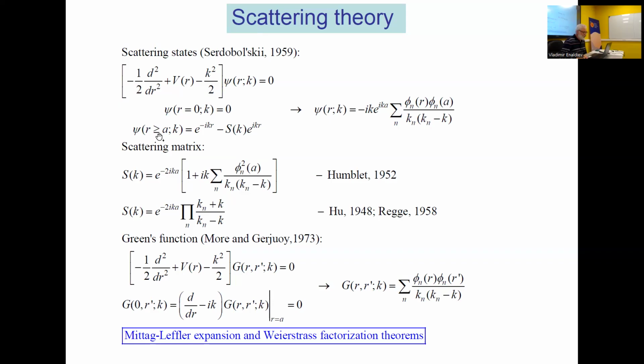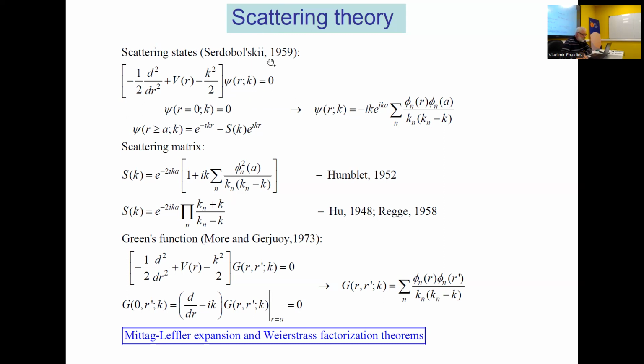So at r larger than a, it should be incoming wave and outgoing wave, where S is a matrix element of the scattering matrix. And in this case, for this simplest scattering problem, it's just a phase factor with scattering phase in the exponent. The question is, we want to expand the solution of this scattering problem, which is a scattering state, in terms of Siegert states.